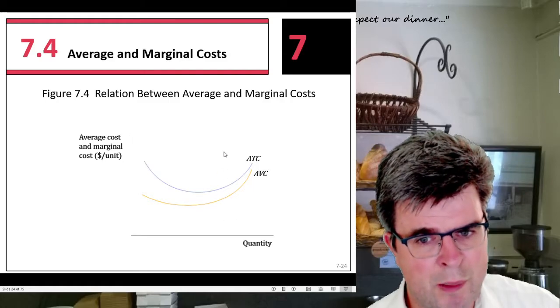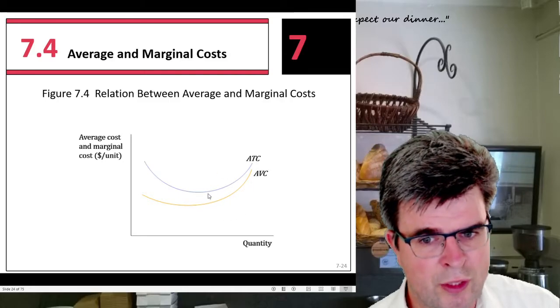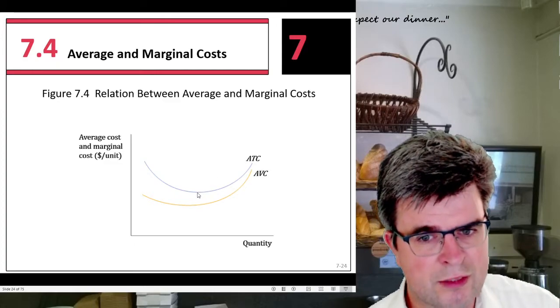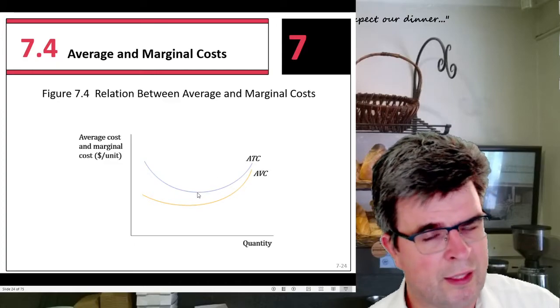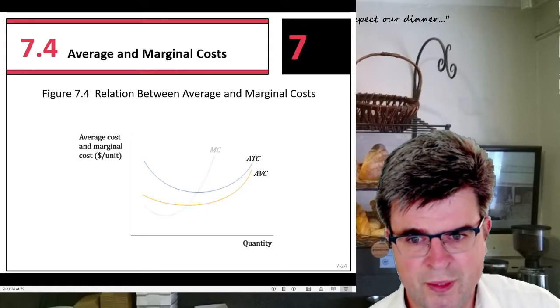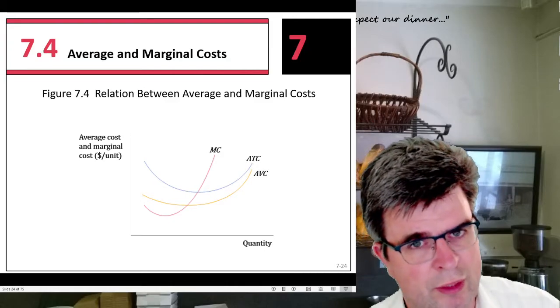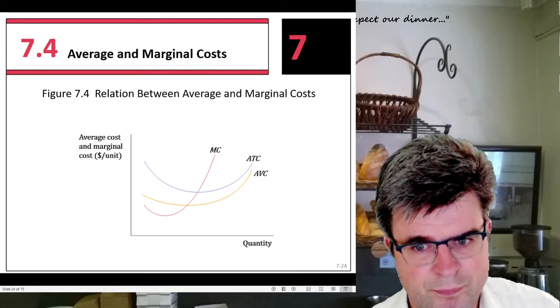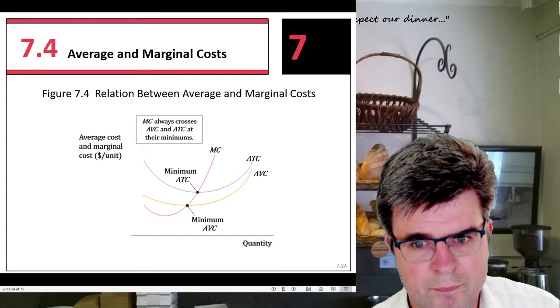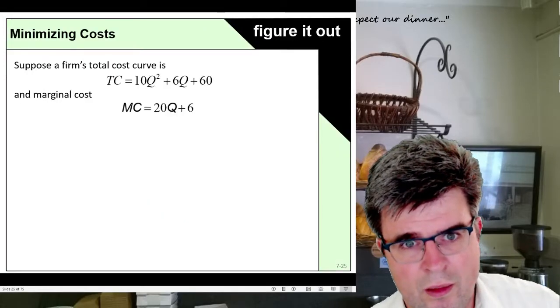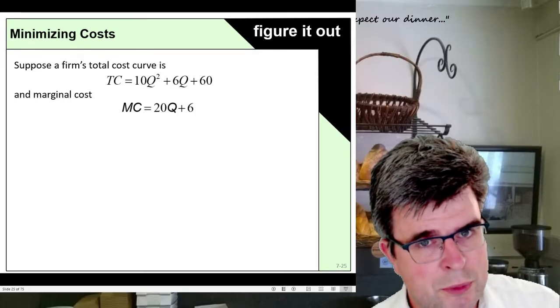Once it is above the average total cost curve, the average total cost will increase. So it intersects with the average total cost curve at the minimum value. So the marginal cost curve will look something like this. That was the graphical exposition.